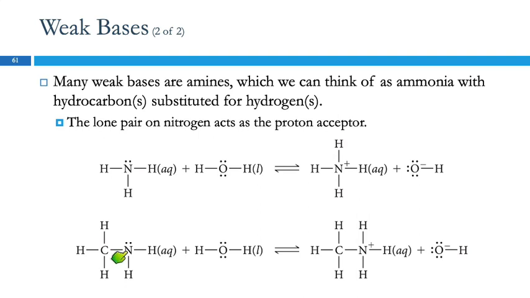So here is the nitrogen with the 2 hydrogens, but instead of a third hydrogen over here, it has a methyl group, or it could have an ethyl group, or any number of organic substituents over there. But we still have the nitrogen with a lone pair. And so it can still take a hydrogen from water and create hydroxide ion. And so then we're getting an extra hydrogen on that nitrogen, and we'll get a positive charge.